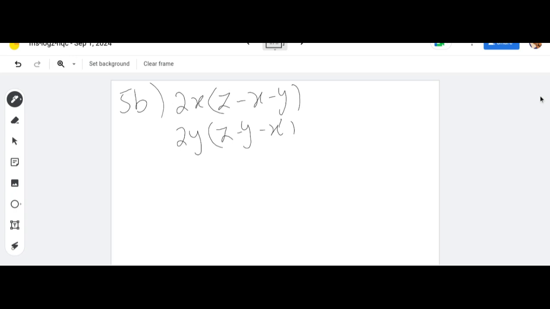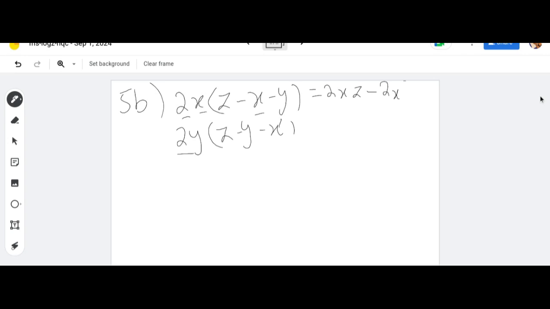Correct? Yes, ma'am. Now I have to solve these expressions first, then do the addition. It means I have to multiply 2x with all the terms inside the bracket, and the same goes for 2y. So it will give me 2xz, and x times x gives 2x square.